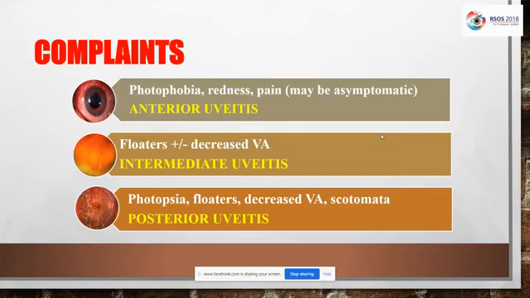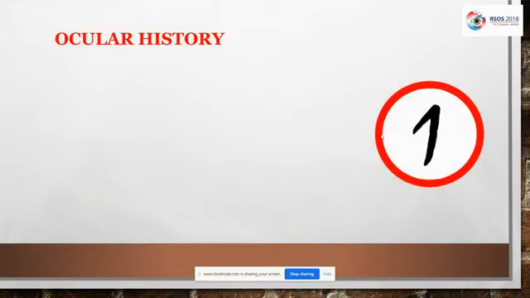So if you have a patient with photophobia, redness, and pain, or sometimes maybe asymptomatic, the most probable diagnosis here is anterior uveitis. In those patients with floaters and plus or minus decrease in visual acuity, intermediate uveitis can be one of the possibilities. Those patients with photopsia, floaters, severe decrease in vision, and visual field defects, posterior uveitis will be the most probable diagnosis. So this is regarding the complaint.